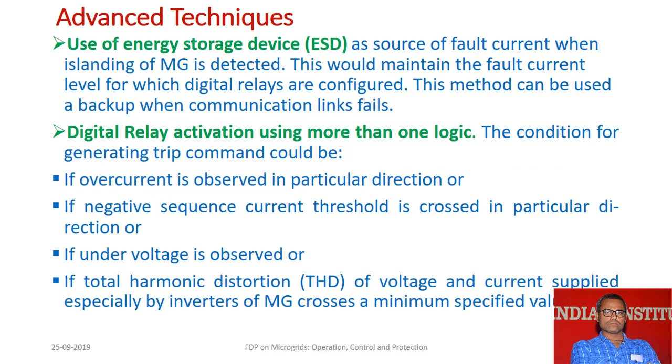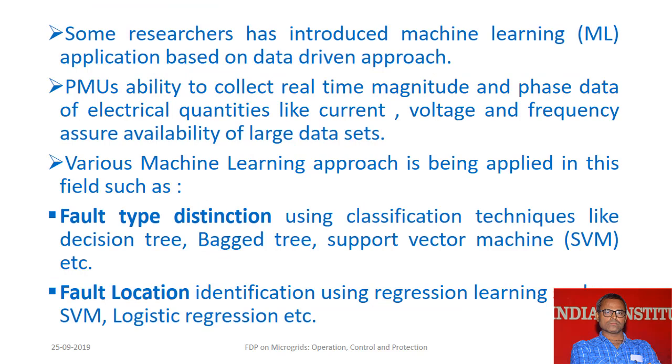There are a few advanced technologies which use energy storage devices. This is a source of fault current when islanding. This would maintain the fault current. Considering this ESD and digital relay activation using more than one logic, right? So there are a few advanced techniques. Some machine learning techniques and some data analytics techniques are also nowadays used to create an adaptive protection system, right?